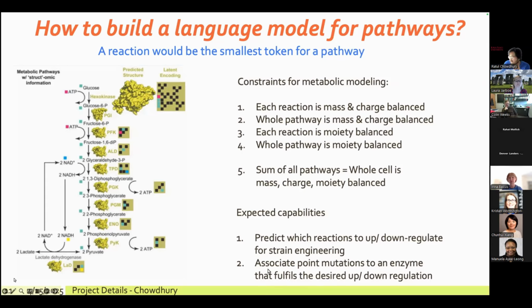But if we have specific enzyme sequence level information, structure level information, and biochemistry embedded in it, we should be able to tell that while you're engineering for a task, you need to upregulate this gene 1 and gene 2, and here is how you do that. You make this specific point mutation to get to that specific target upregulation or downregulation limit that you're looking for.